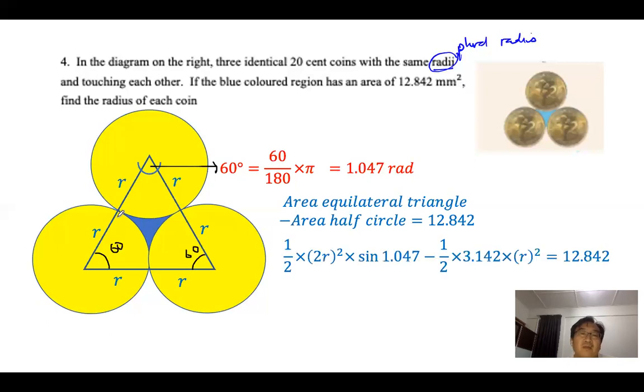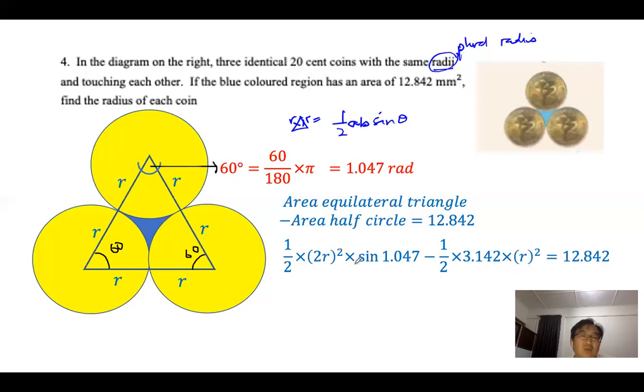So we use the formula 1 over 2 AB sine theta for the area of the triangle. Here the lengths are all the same, so RR, and theta is 1.047. The side will be 2R, because you add these together.